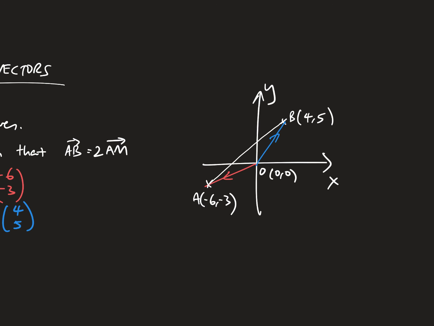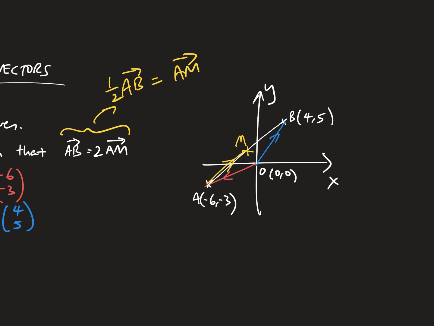So I would think in my mind, AM is half of AB. You can think about it this way: AB is 2 times AM, so AM must be AB divided by 2. So half of AB is AM, and M simply lies in the middle of AB.